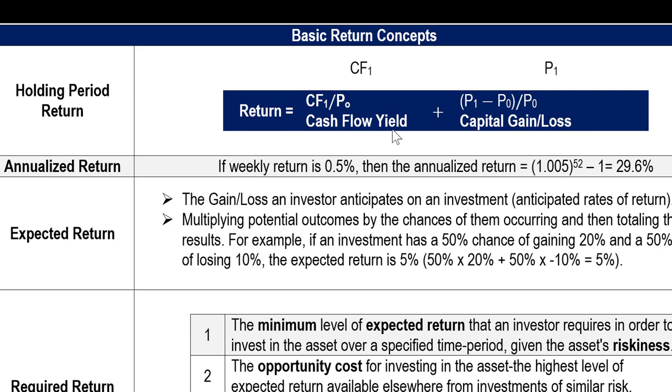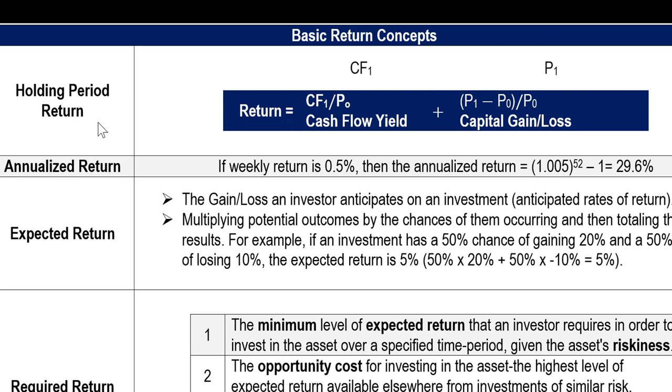So we focus on yield from income and the gain from growth. There could be positive growth or negative growth. If the price has positive growth or appreciation, then you're going to have a capital gain. Otherwise, you will have a loss. So we have income yield and gain and loss involved in your return.